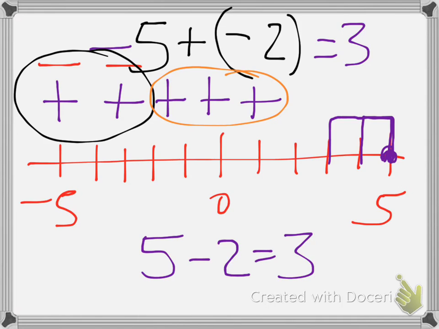Let's take a look at this with subtracting negative numbers as well. In this case, I'm going to choose a different number. I'm going to choose 2 minus, because we said we were going to subtract negative numbers, minus a negative 3.